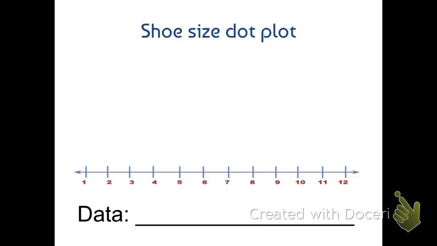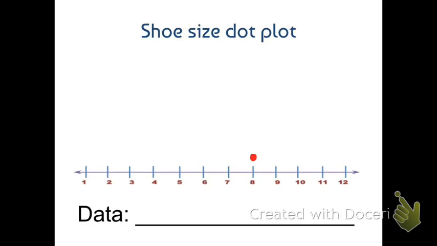And when you come up and make your dot, it needs to be directly above the number. So my shoe size is an 8. I'm going to put a big dot directly above the number 8. Okay, that's what I want it to look like. So if another person came up, they would put it right there. Okay, so it needs to be nice and big and directly above the number. So just get as close as you can to your size.